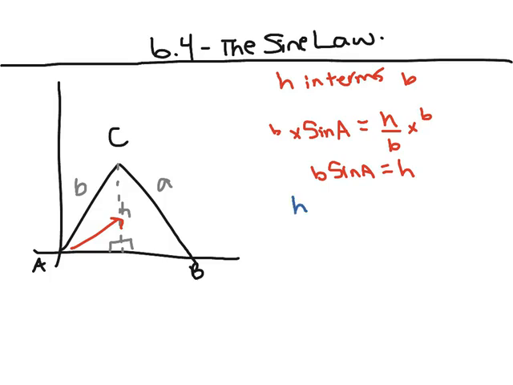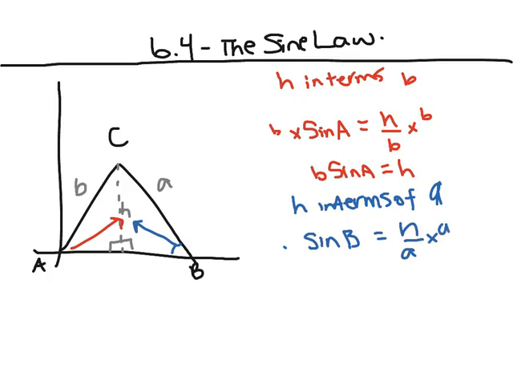Same thing if we want h in terms of a and a trigonometric ratio. So we want to go from angle B. So our opposite is h and our hypotenuse is a, so we're using sine again. So sine of B is equal to h over a.